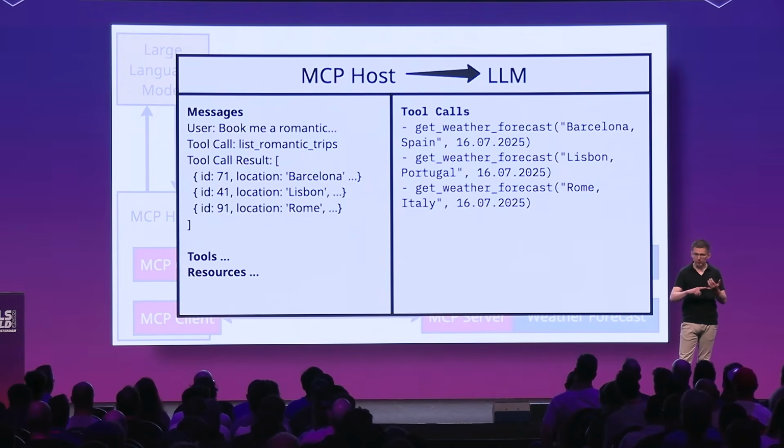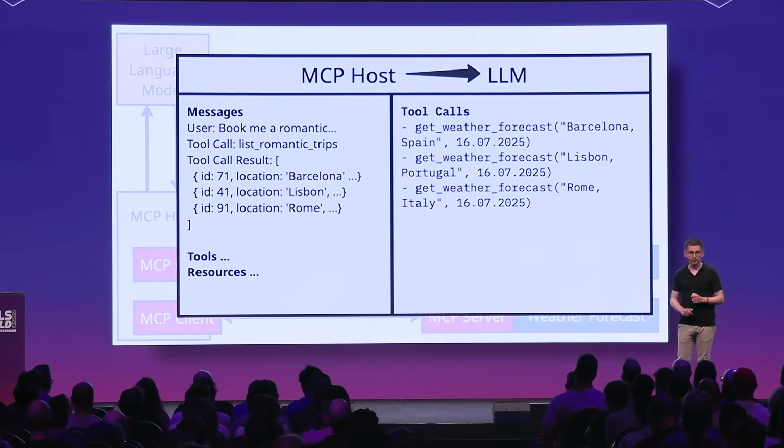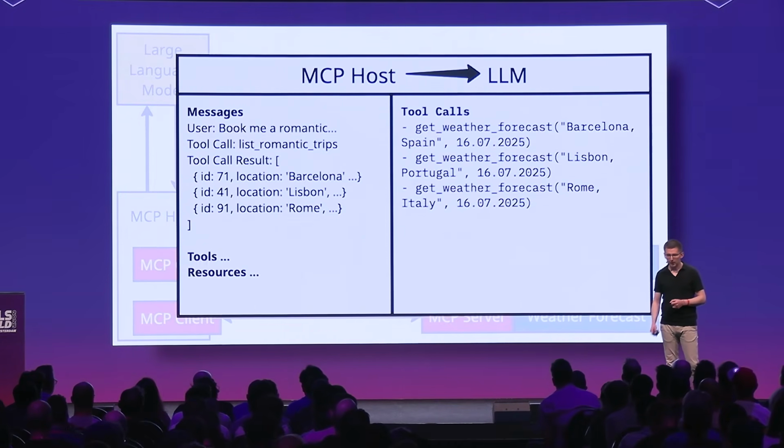Now, with this list of trips, we go back to asking the LLM. We take the initial prompt, the initial response from the LLM, and the response from the server, and all the tools, and we send it once again to the LLM. Now it has additional context. With this additional context, the LLM responds with 3 tool call requests for checking weather in 3 different cities at a given date.